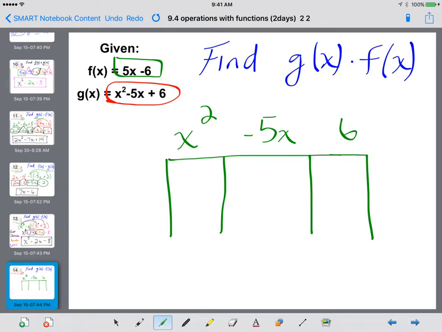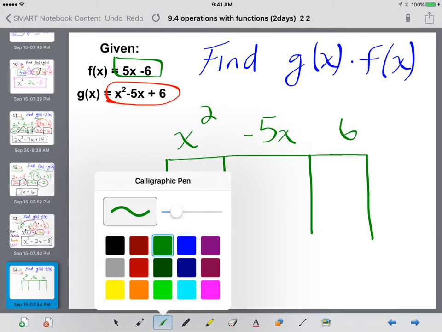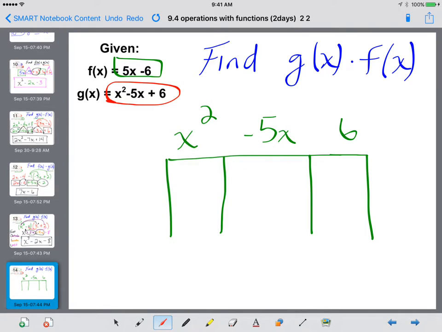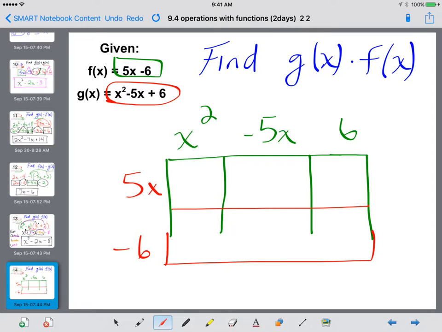So I got 3 columns for 3 terms. On the side here, down the column, I'm going to put f of x, 5x, and a negative 6. And I'm going to complete my table here by splitting it in half there.